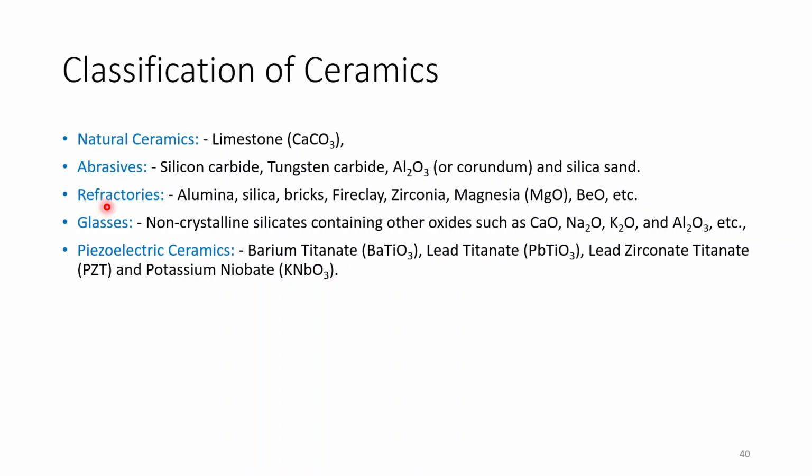Refractories: alumina, silica, bricks, fire clay, zirconia, magnesia, barium oxide, etc. Glasses: non-crystalline silicates containing other oxides such as calcium oxide, sodium oxide, potassium oxide and aluminum oxide, etc. Piezoelectric ceramics containing barium titanate, lead titanate, lead zirconate titanate known as PZT, and potassium niobate.